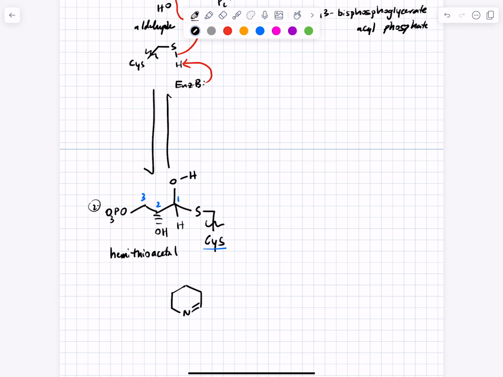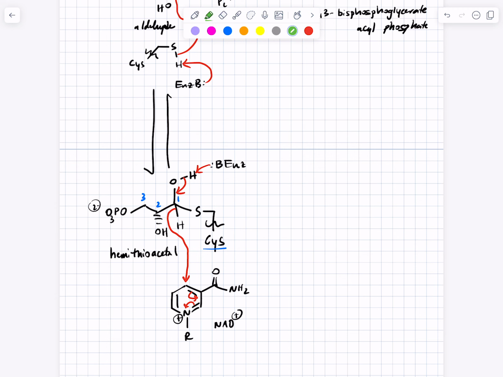So we could skip over this because you've seen it before, but repetition is not a bad thing. This is NAD+, and a base from the enzyme active site is going to remove the proton from the alcohol. Electrons will kick down to form a carbon-oxygen pi bond, and the hydride is going to get delivered to NAD+ via the usual mechanism.